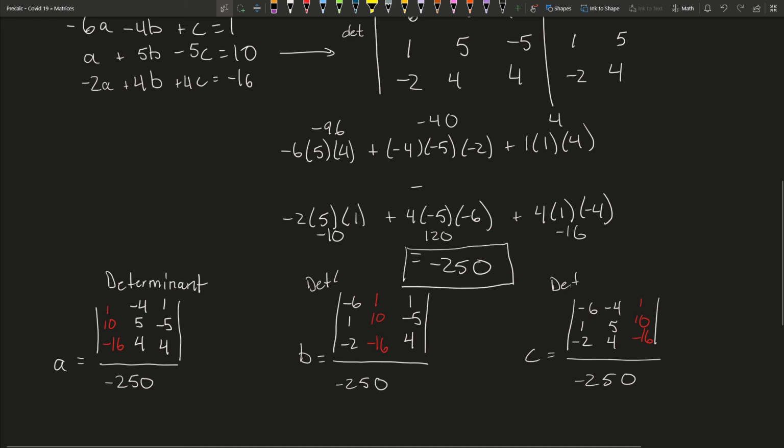In this case, though, just so we actually have answers, A comes out to 0, B comes out to -1, and C comes out to -3.